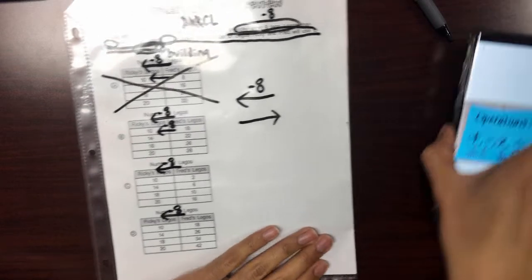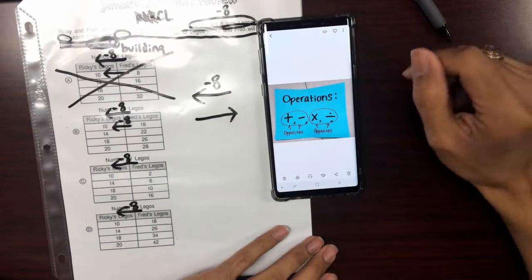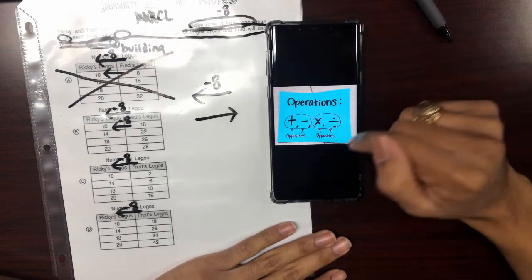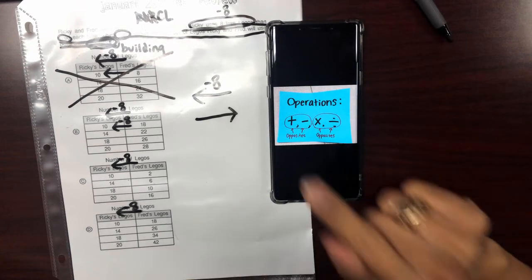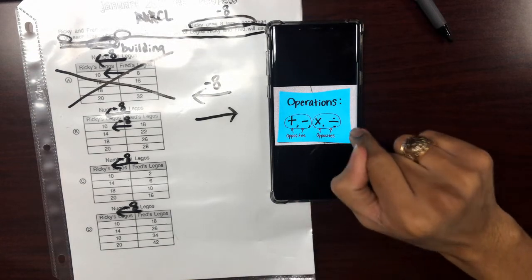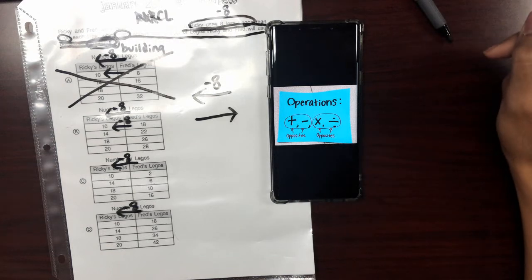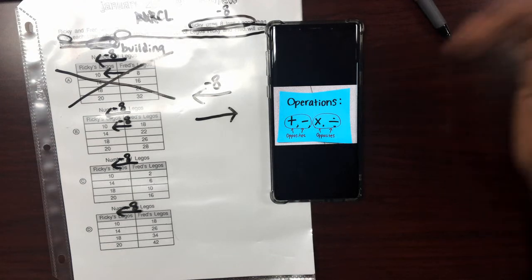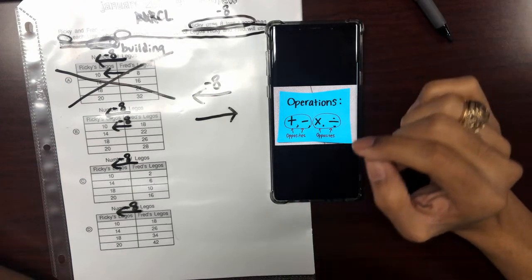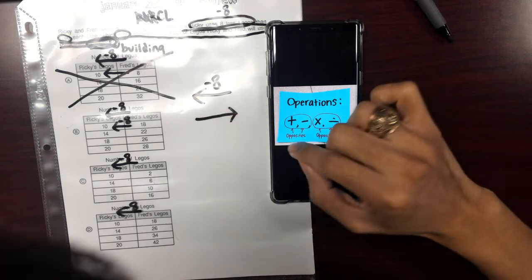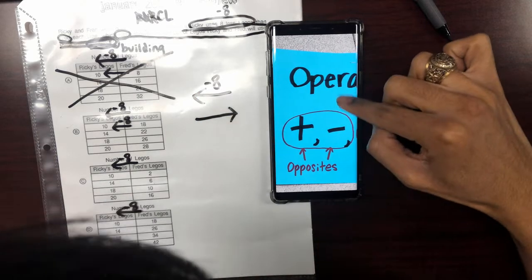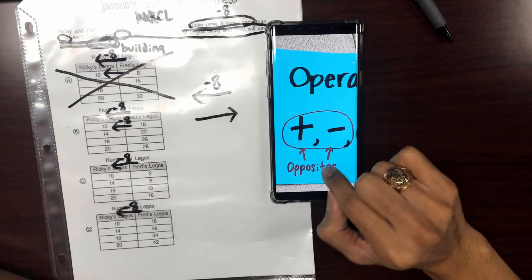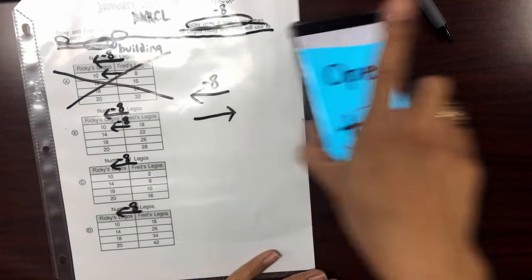If you go ahead and take a look at the operation clue that I left above the board, I have all the operations here: add, subtract, multiply, divide, and I have the opposites circled together. So here is subtraction, and the opposite of subtraction is addition.